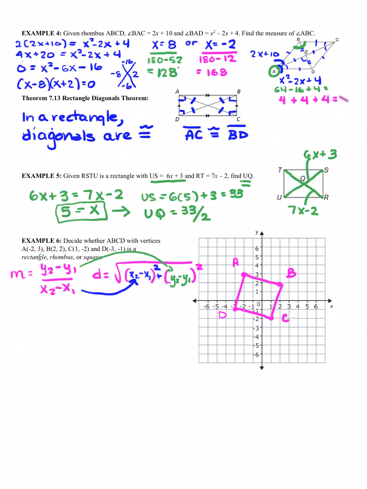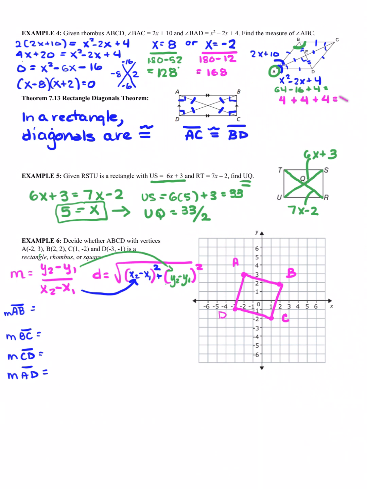So what I like to do is I just like to find the slope of all four sides. So I'm going to have the slope of AB, the slope of BC, the slope of CD, and the slope of AD. If I find these slopes, you can then very easily, quickly find the length. And again, it's on a grid.